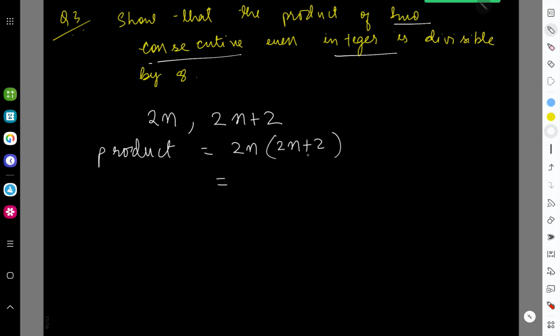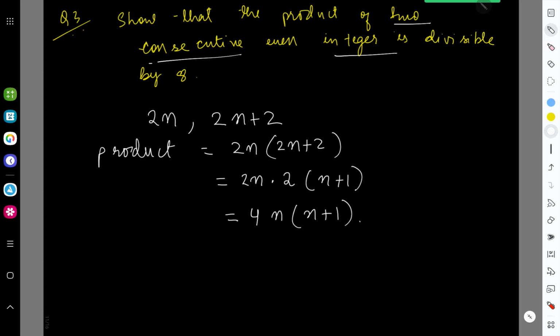Now let us take 2 common from here. If we take out 2 as common, then inside the bracket it will be 2n times n plus 1. Now let us group 2 and 2. If we multiply 2 and 2, it will give us 4 times n times n plus 1.